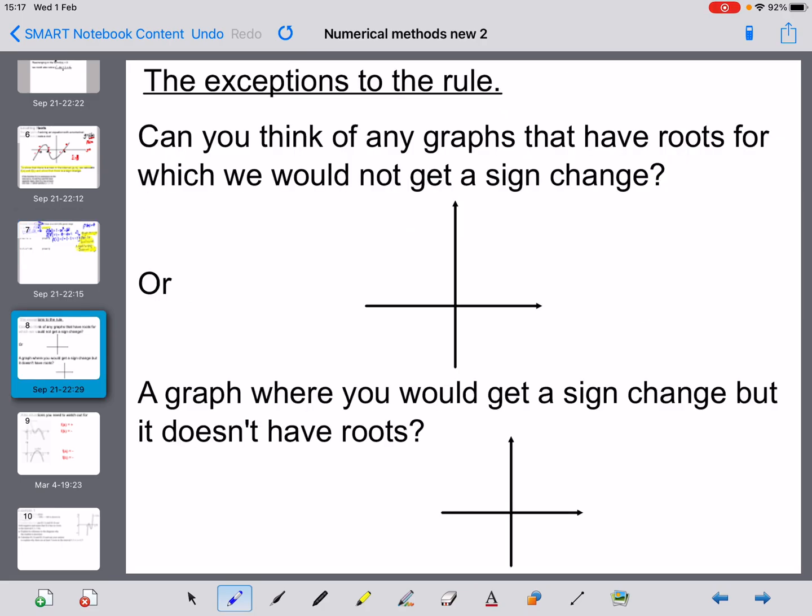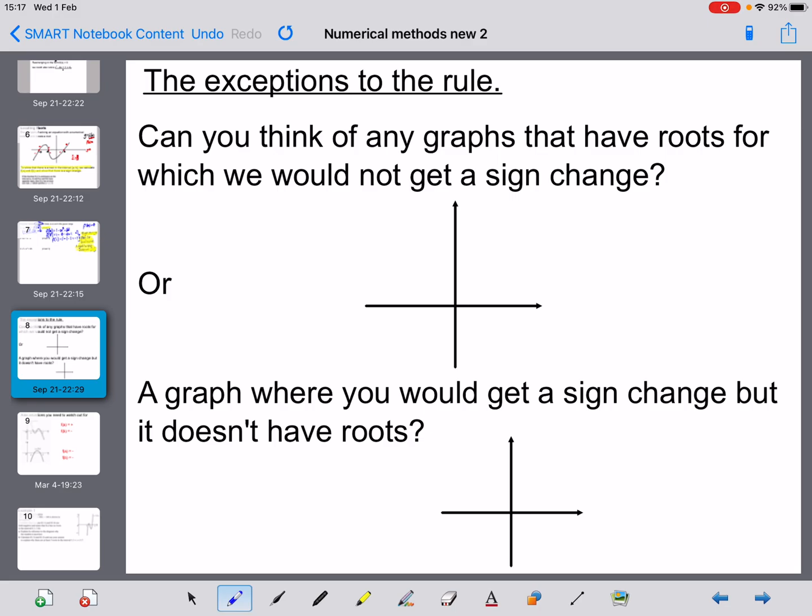Okay, it says, can you think of any graphs that have roots for which we would not get a sign change? So are there any graphs that you're familiar with where you know that there's definitely a root, so it definitely touches or crosses the x-axis, but there would not be a sign change?